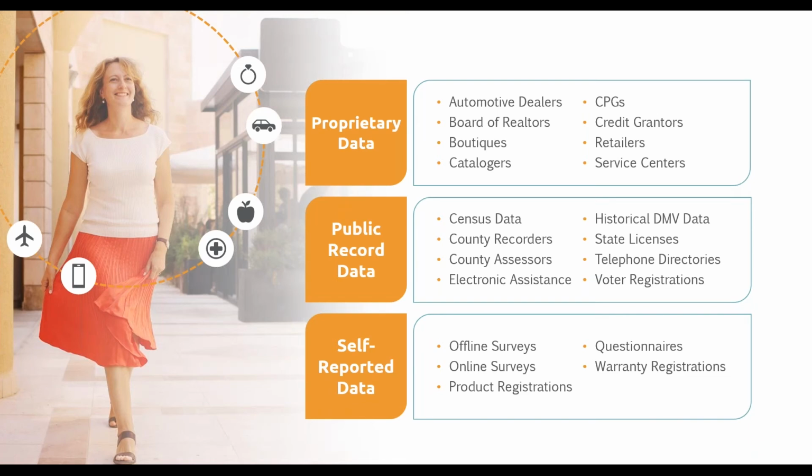And the last group that we talked about in terms of sourcing for this consumer information is our self-reported information. So that would be anything like surveys that you may take offline or online. Those product registration cards, so you've gone and you've purchased a TV, you get the registration card for that specific product, be it to register it with that brand or potentially there's a warranty that's associated with it.